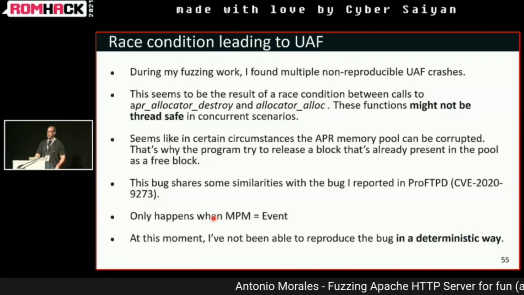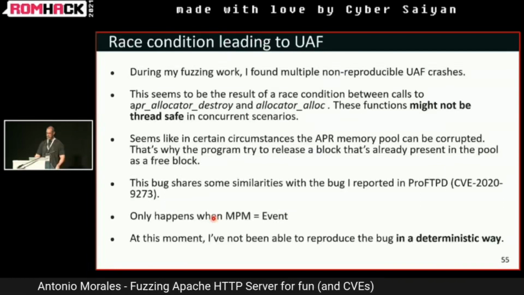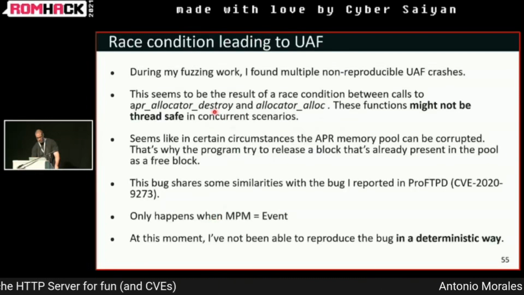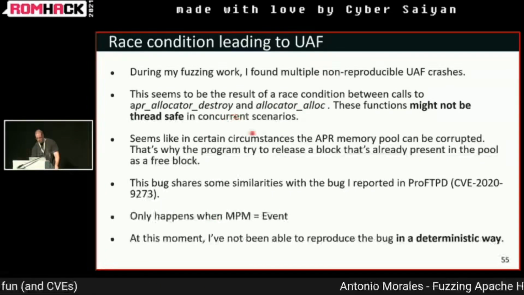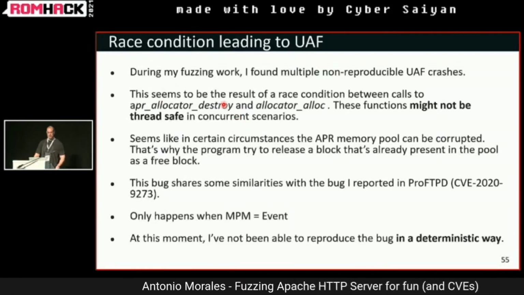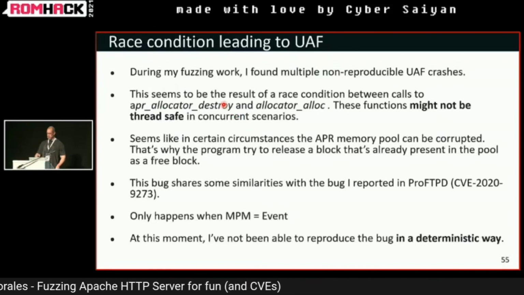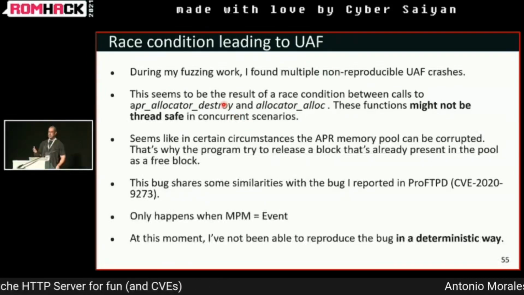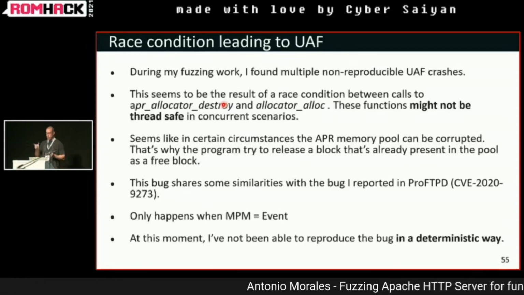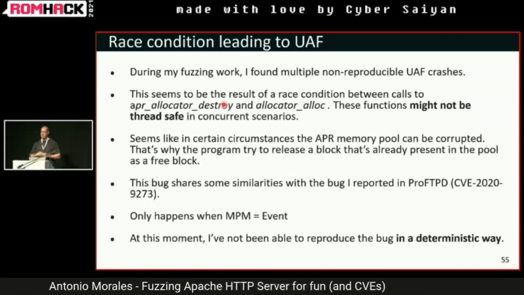After going deeper, I discovered a kind of race condition between the allocation function, for example apr_palloc, and the destroy functions of APR. This leads to a corruption of some nodes of the memory pool. And sometimes the program will try to release a node or a block that is already present in the free pool.